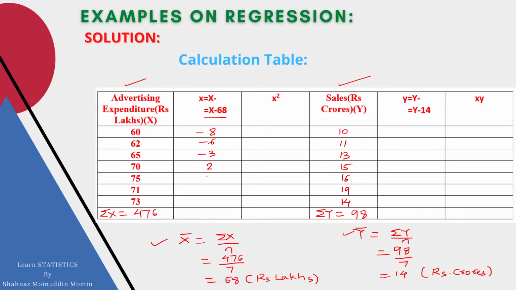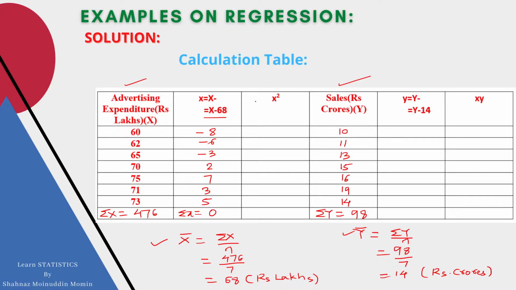75 minus 68, 7, 3, and last is 5. By adding all these, we get the sum of deviation summation x equal to 0, since deviations are taken from the respective arithmetic mean.